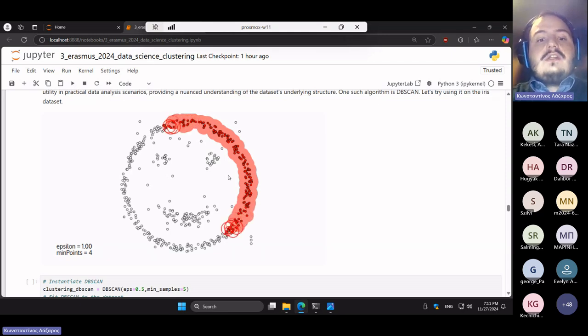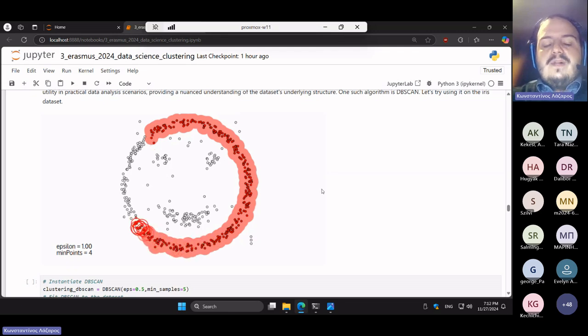This algorithm works very well if we have nonlinear, weird, complex patterns such as this smiley face, which is a funny, ridiculous example, but it's made so that we can understand where such an algorithm would shine.